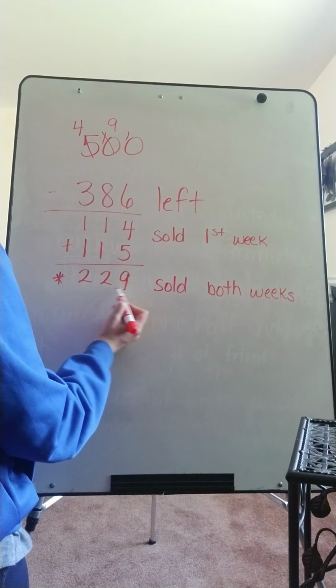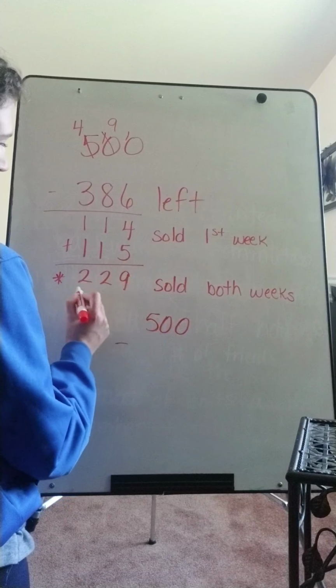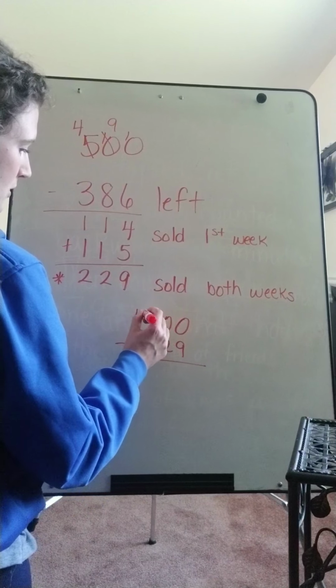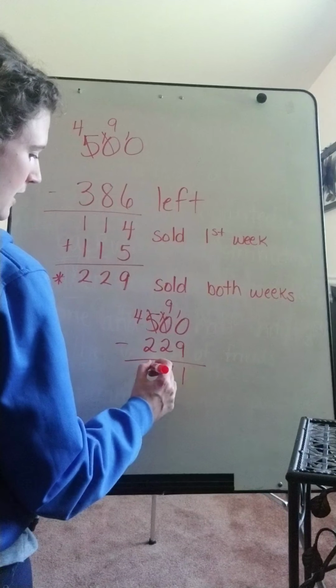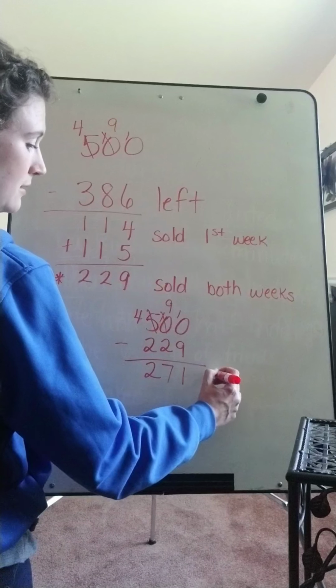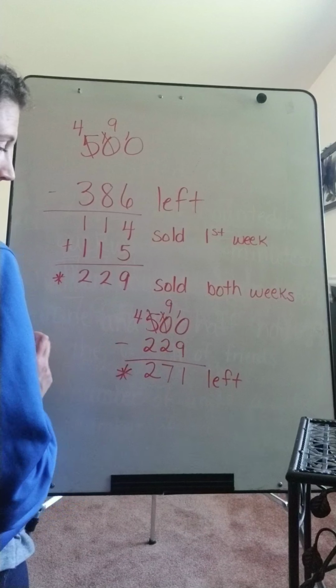So now we can take this number, so they had 500 to begin with, and we're going to subtract the total number that they sold, 229. So we do all of our regrouping, and then we can subtract. So we know that they have 271 left. Okay, so that's one of your answers.